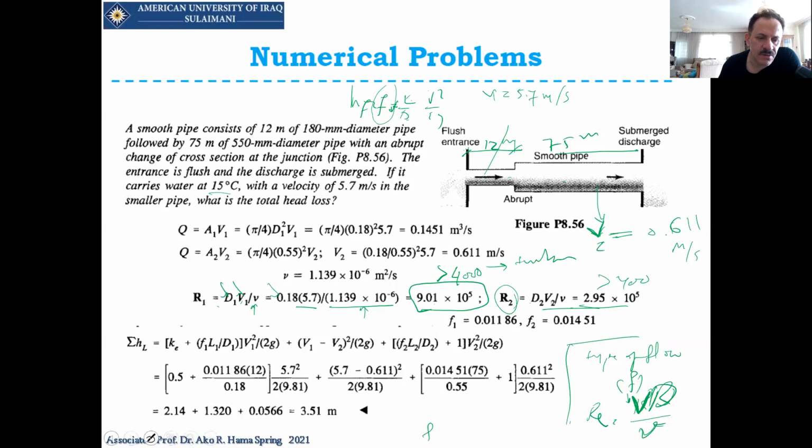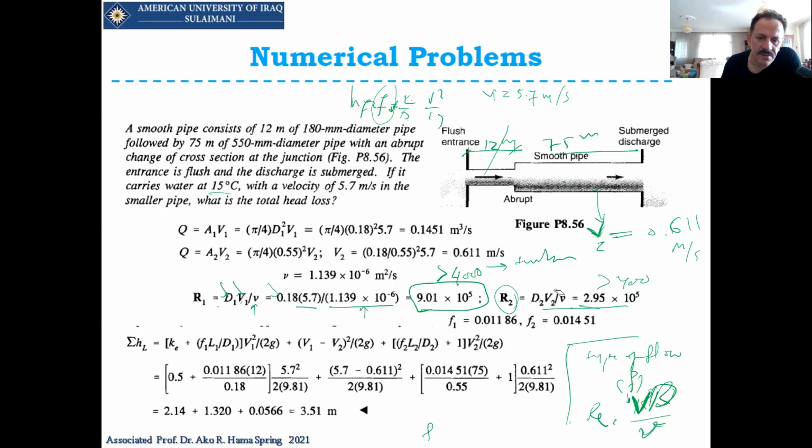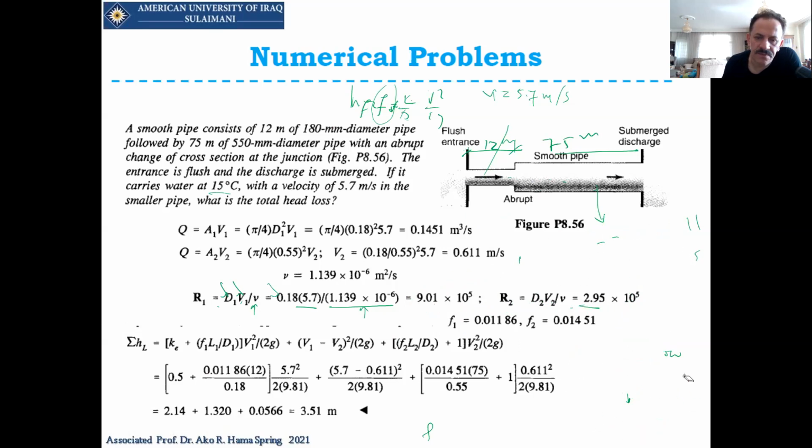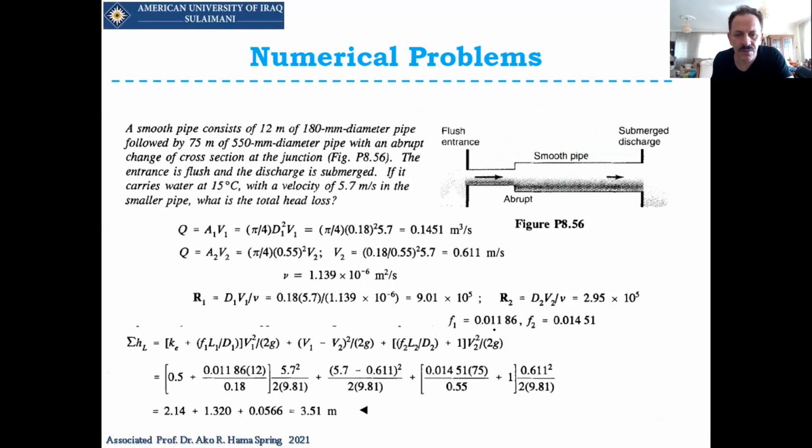For turbulent flow, we have to find the f from the Moody diagram. I can use this Reynolds number, 9.1 times 10 to the power 5, and we have e over D equal to 0.